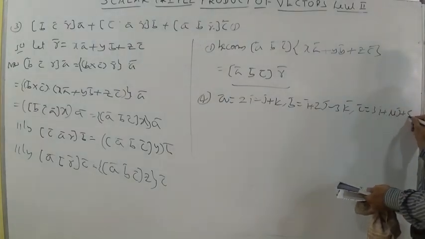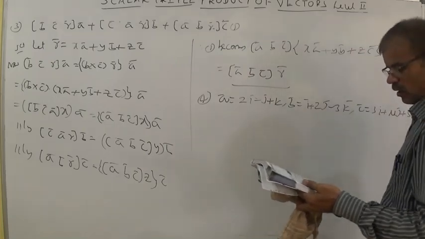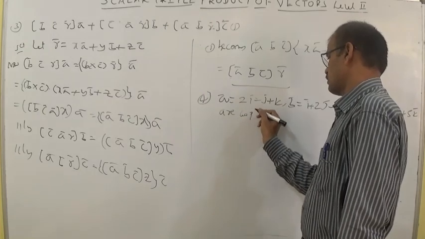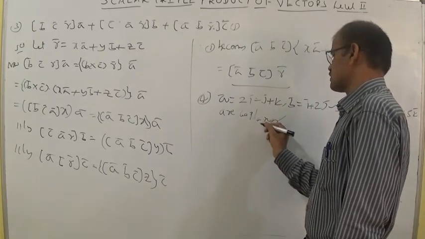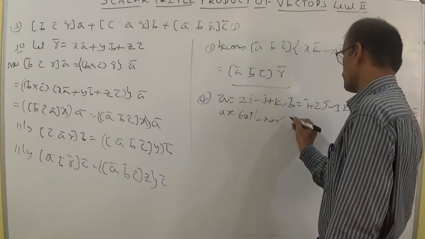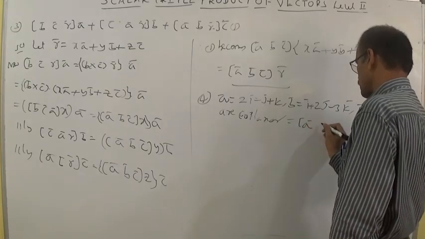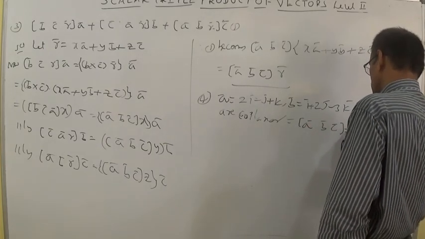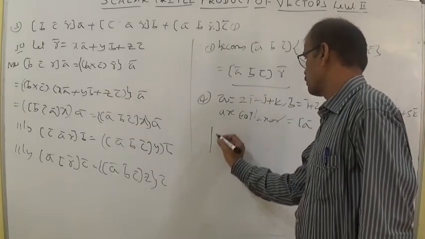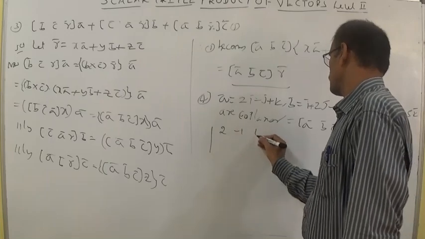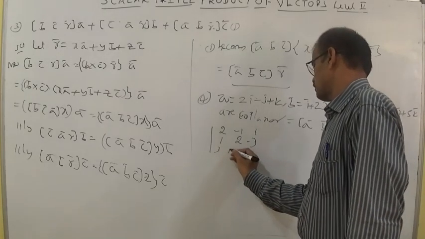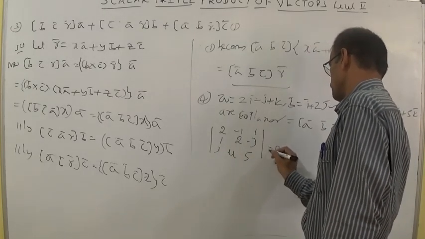Then mu is the root of which equation? Whenever three vectors are coplanar, the determinant of the vectors is 0. Then box ABC is equal to 0, meaning the determinant with rows 2, minus 1, 1; 1, 2, minus 3; and 3, mu, 5 is equal to 0.